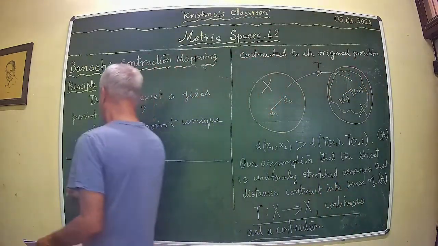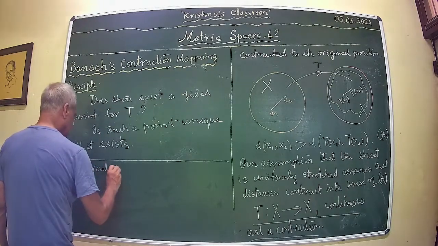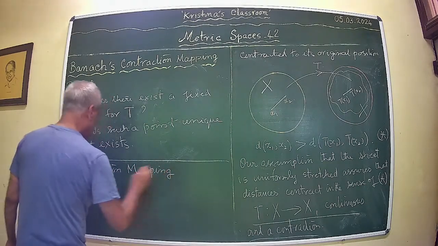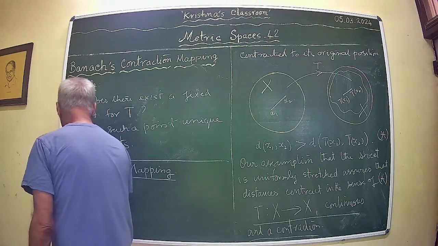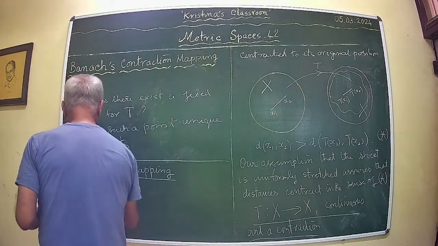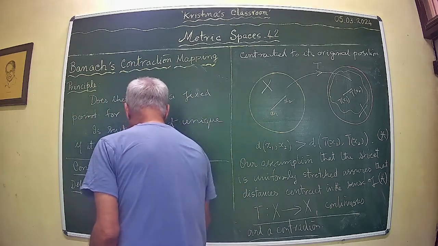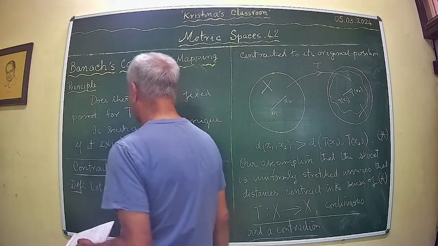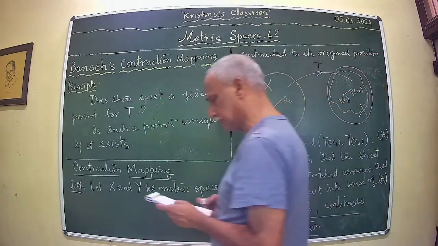So, the definition of a contraction. Let X and Y be metric spaces, so that we can comfortably talk about distances both in the domain and in the range.